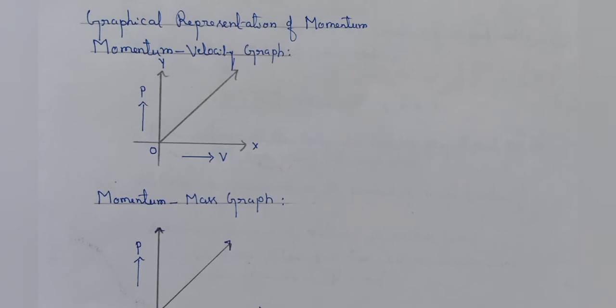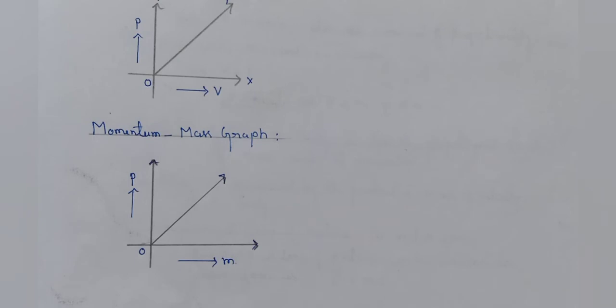Next, momentum mass graph. The graph obtained by taking the momentum along the y-axis and the mass along the x-axis is a straight line. The graph shows the variation of momentum with mass when the velocity of a body is constant.